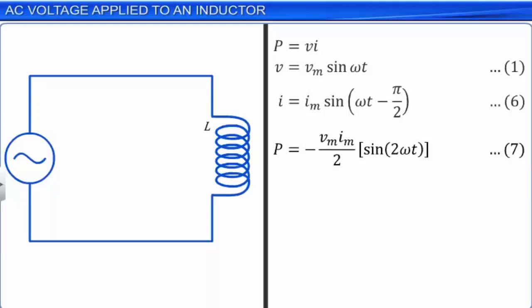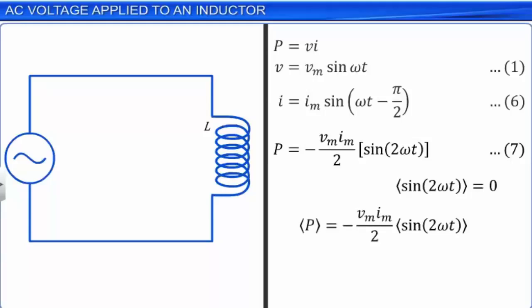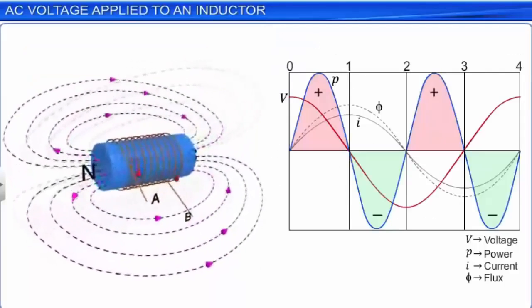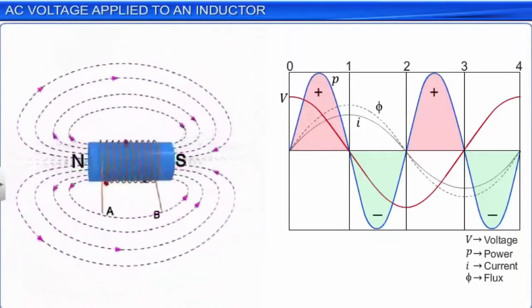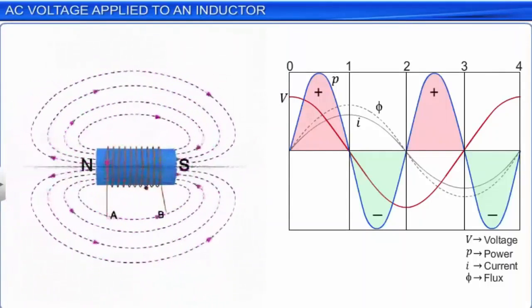Since the average value of sin 2 omega t over one complete cycle is 0, the power supplied to an inductor on average in an AC circuit over one complete cycle is 0. This can be seen as displayed by the plot of power supplied versus time. Variation of voltage and current with time is also plotted on the same graph for comparison.